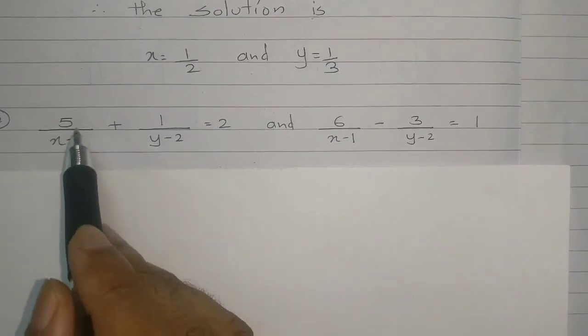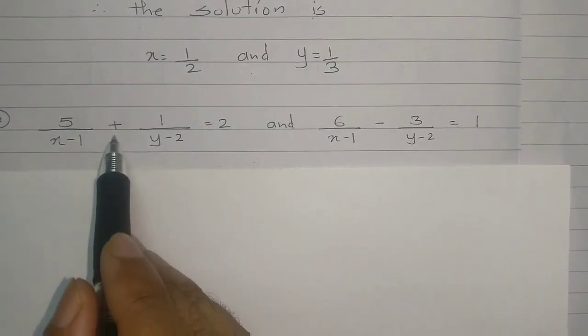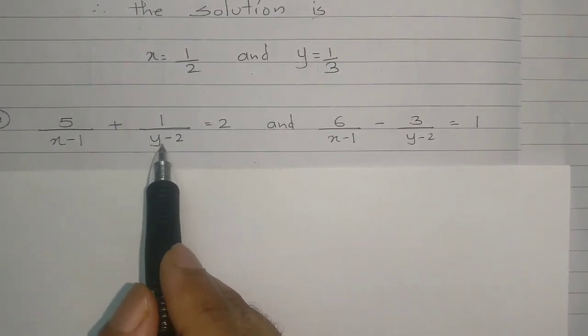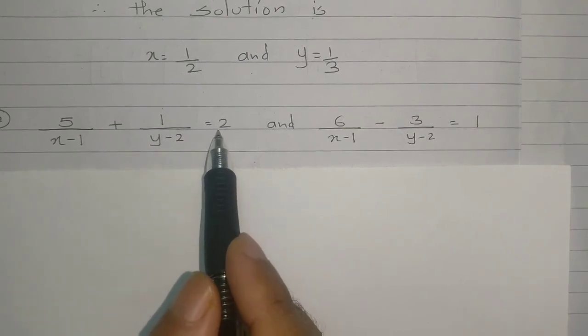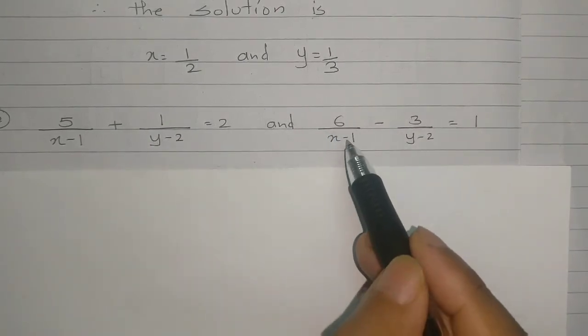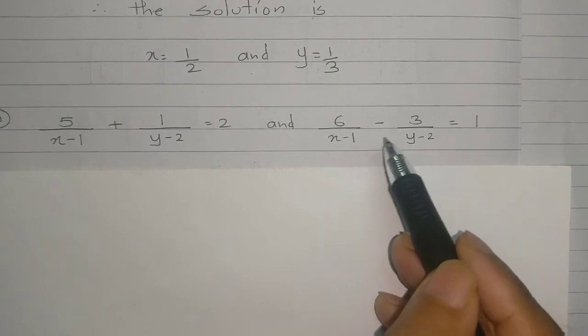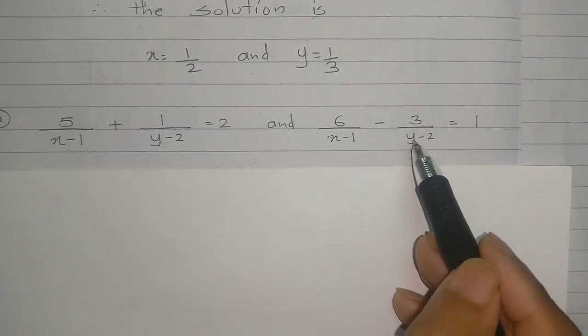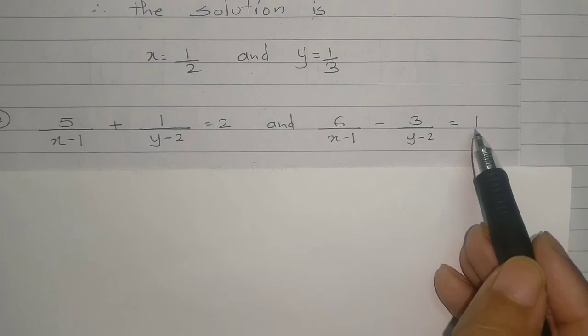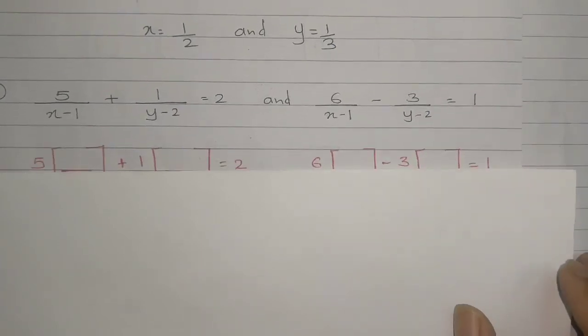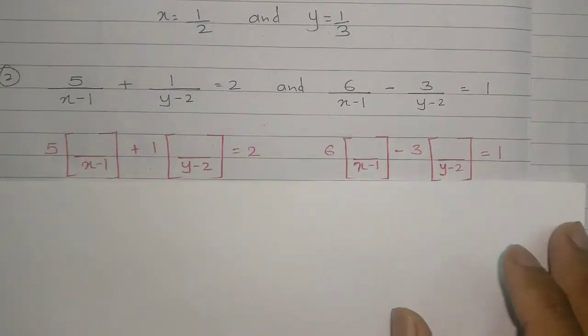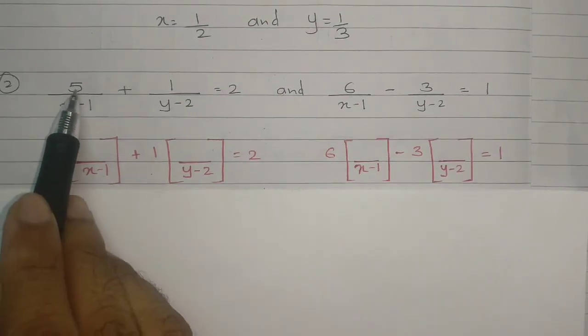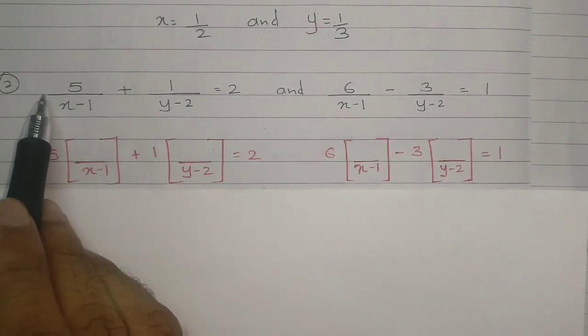It is 5 upon x minus 1 plus 1 upon y minus 2 is equal to 2, and 6 upon x minus 1 minus 3 upon y minus 2 is equal to 1. I'll just give you a brief idea how to go about it. All I'm doing is keeping this 5 at the side, right?